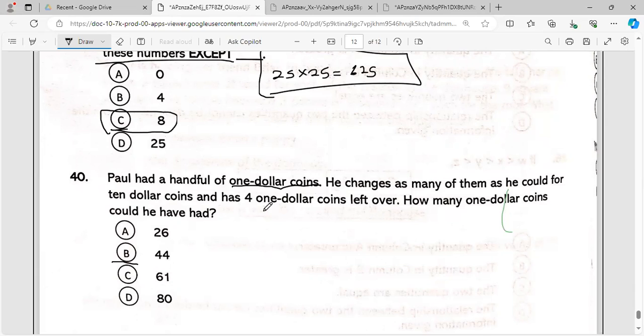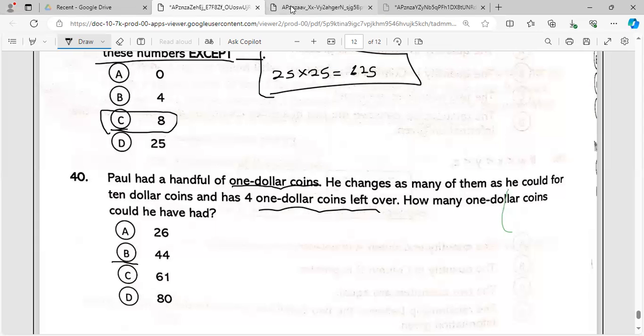We still have 4 $1 left. This is the only one that has 4 $1 left, right? So he didn't get another 10 out of it. So 4 left. Couldn't be 26, couldn't be 80. Because if you change it in $10, you would have $10, but you couldn't have 4 left.